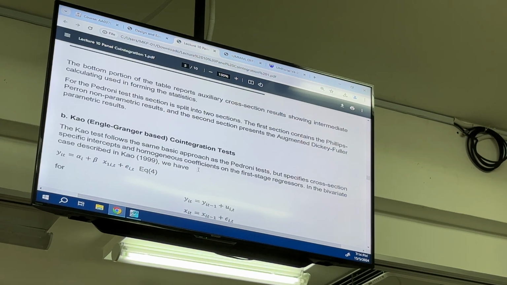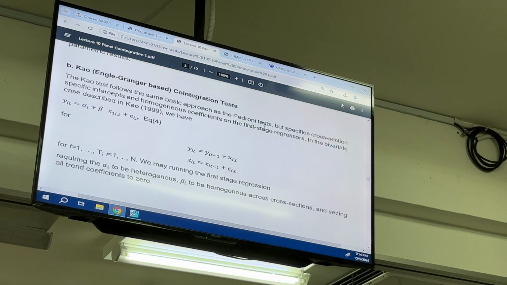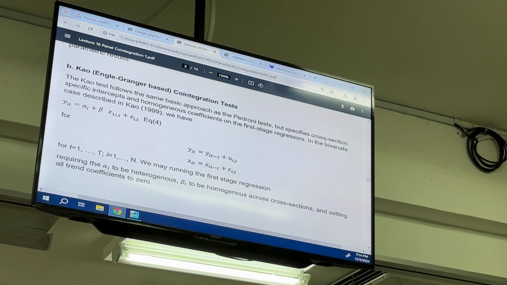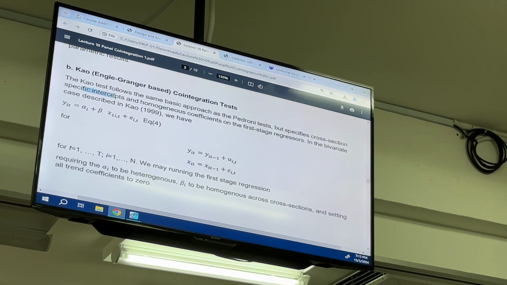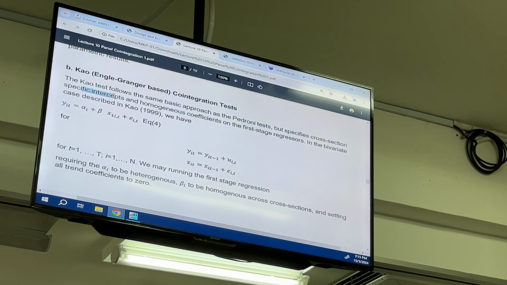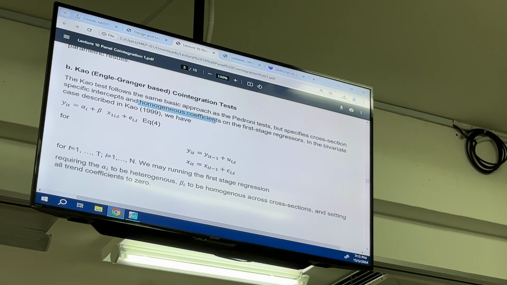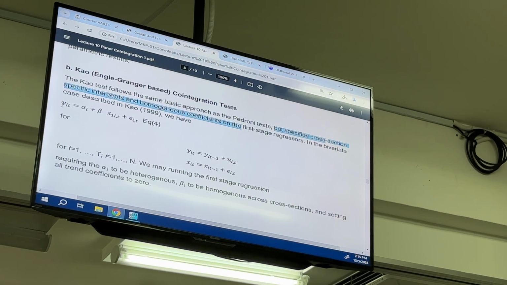So let's see how the Kao test works. It follows the same basic approach as Pedroni, but brings out the cross-section specific intercept. So for our case, individual firms are going to have their individual intercept, but a homogeneous coefficient on the first stage regression.